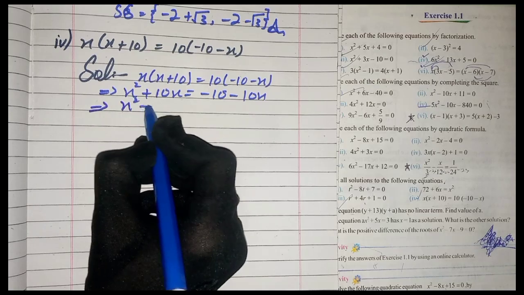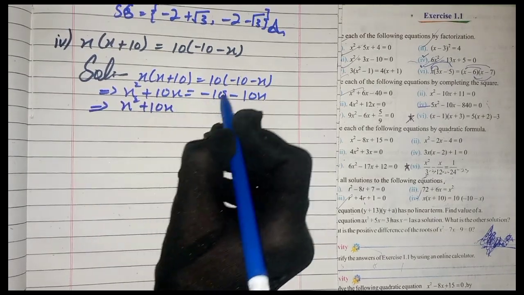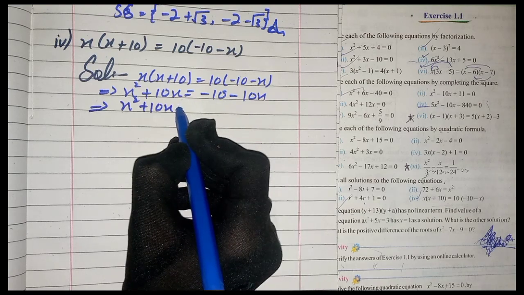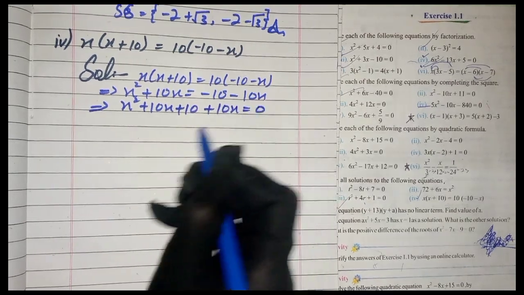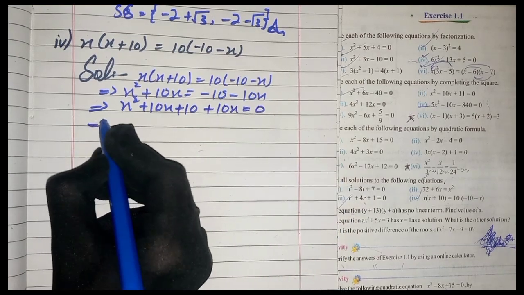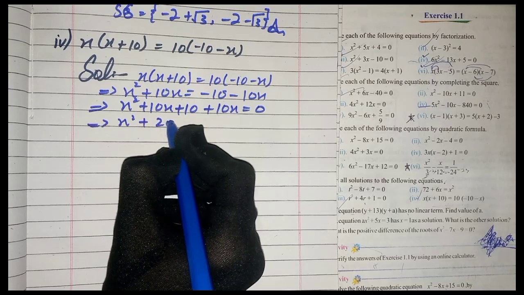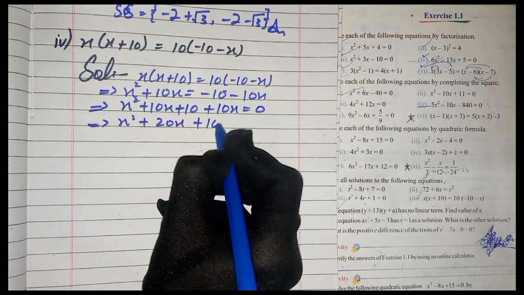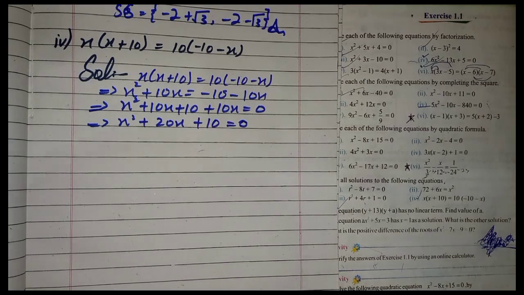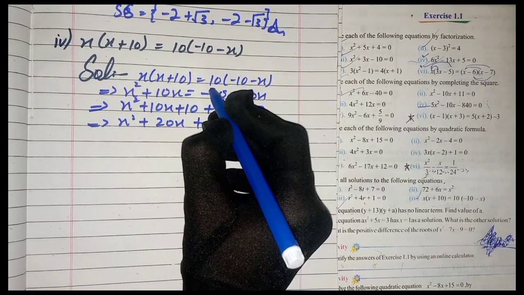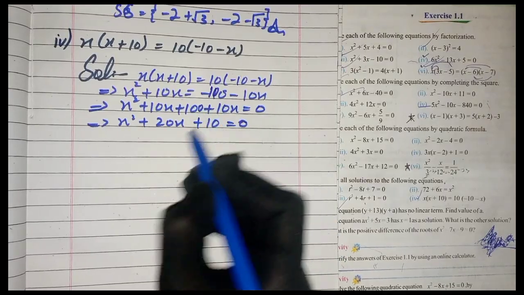When minus 100 comes to the left side, it becomes plus 100, and minus 10x becomes plus 10x. x square plus 10x plus 10x equal to 20x, plus 100 equal to 0. 10 tens are 100. Here 100.